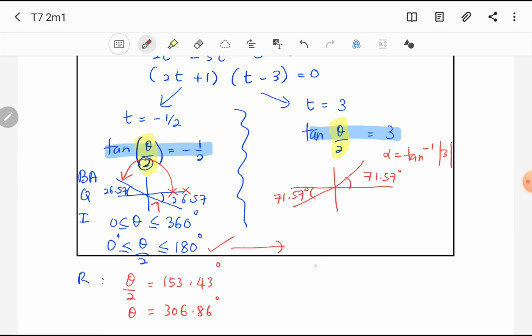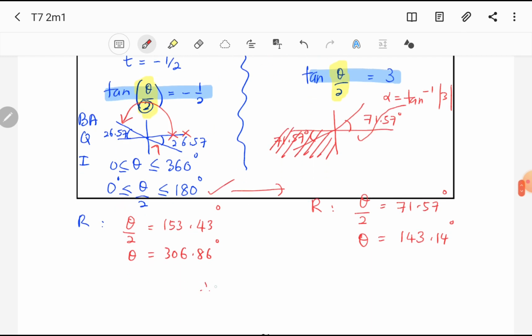So theta over 2 equal to 71.57 degrees. Yang bawah ni out of the range. Kita akan ambil first quadrant only. So theta equal to 143.14 degrees.